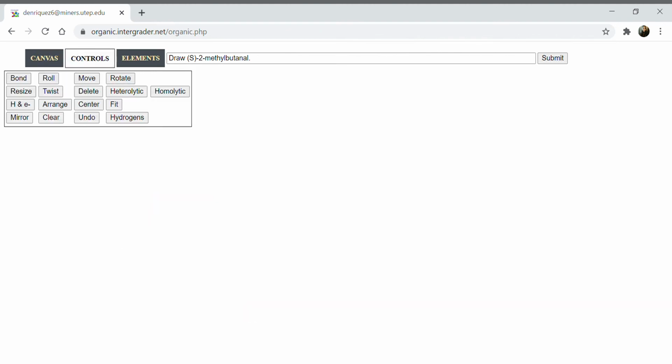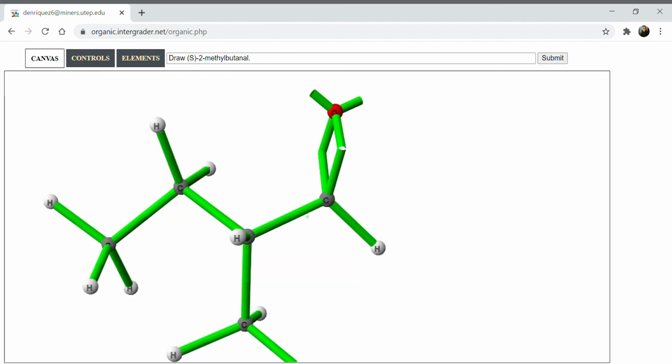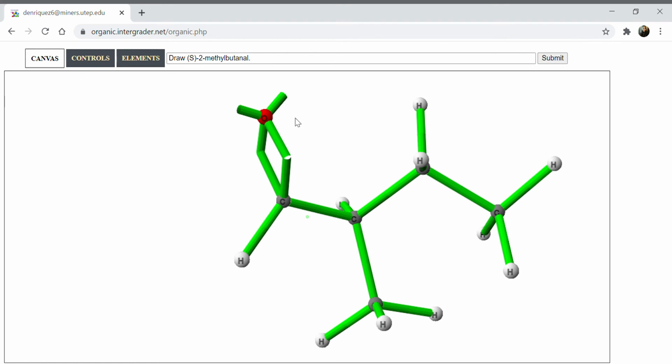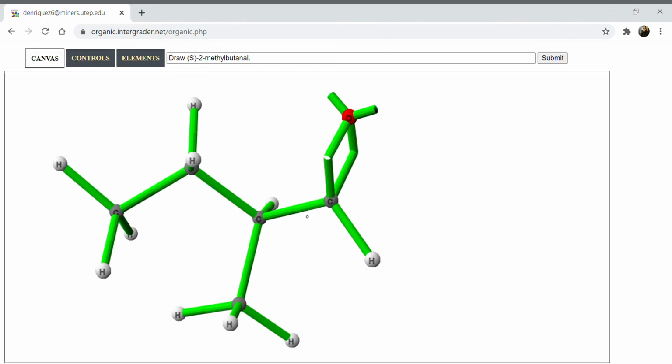Add our hydrogens, arrange, and now lastly, we have to check that conformation. Like we said before, this is the highest priority, this one, and this one. So this is R. So we're going to go ahead and mirror that. Now let's check it again. First priority, second, third. It's now counterclockwise, so that's the S position. So it's good.